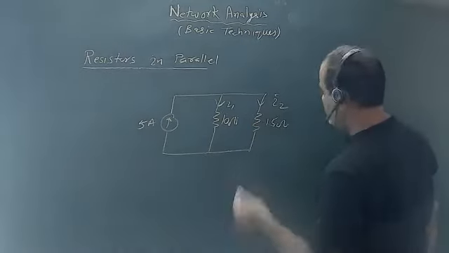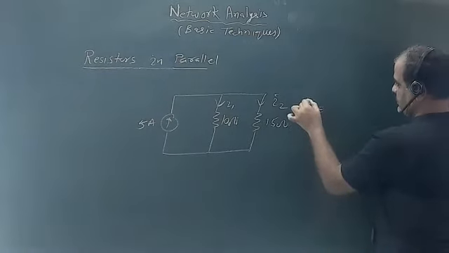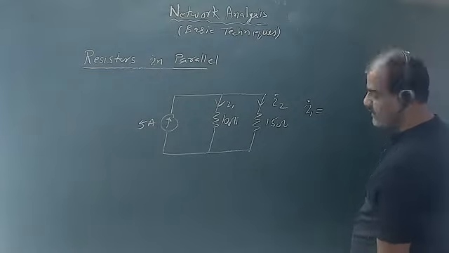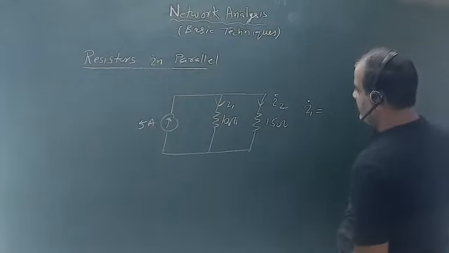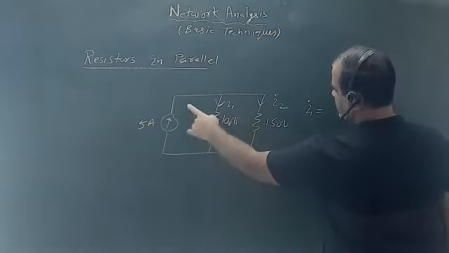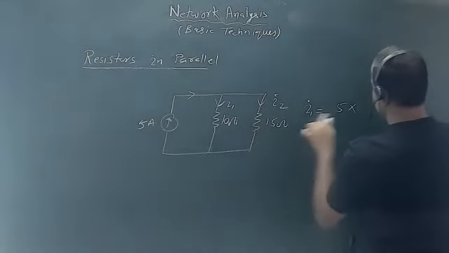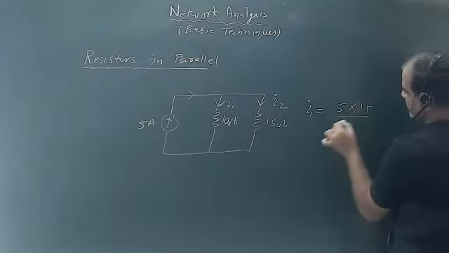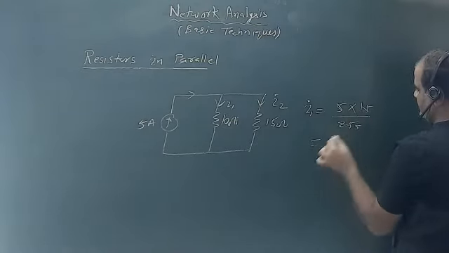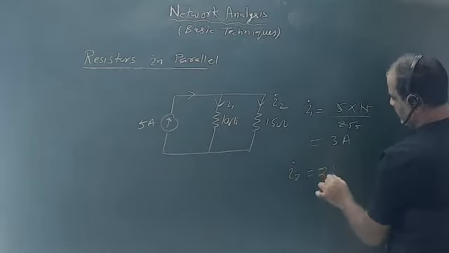Calculate I1, कितना होगा? I1 is 3 amperes. Either आप ये फॉर्मूला यूज करो R इक्विवेलेंट वाला, या फिर टोटल करंट कितना आ रहा है? 5 ampere into सामने वाला रेजिस्टेंस 15, upon टोटल रेजिस्टेंस 25. So this will become 3 ampere. Remaining I2 will be 2 ampere.